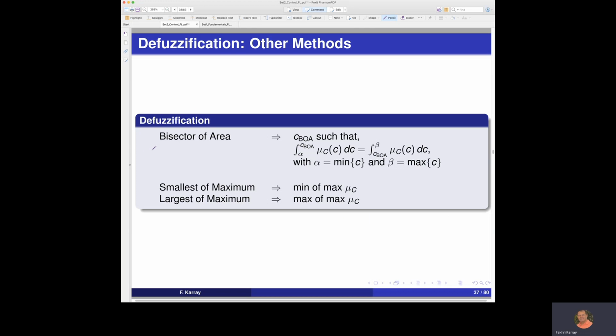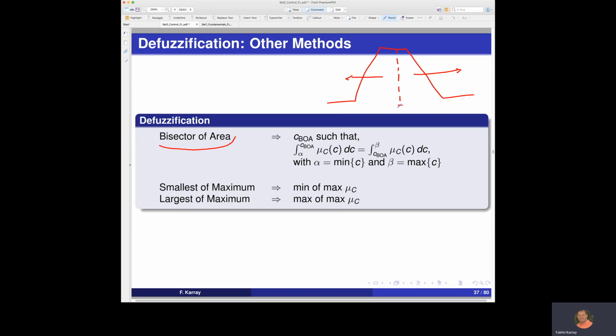There are other representations that are known as the bisector of area. So what is the bisector of area? If you take again a membership function of this particular format, this is the aggregated membership function. The bisector of area is the location where you have the value of the area from either side of this particular element here.